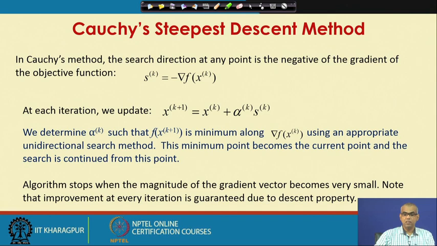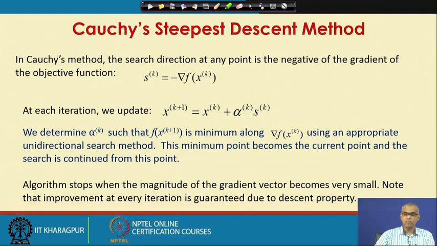So, once this minimum point along the search direction is obtained, the minimum point becomes the current point and the search is continued from this point.